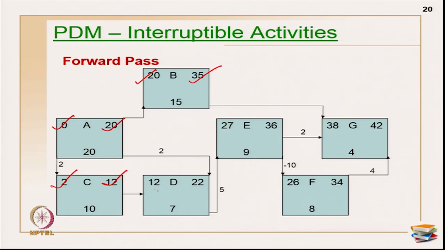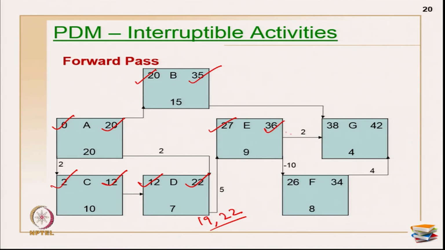Now, let us move on here. This is 12. I can still put 12 because this is an interruptible activity execution. 12 plus 7 is 19 here, and this is 20 plus 2 is 22. Now, you have to take the maximum, so this becomes 22. 22 plus 5 is 27, 27 plus 9 is 36.